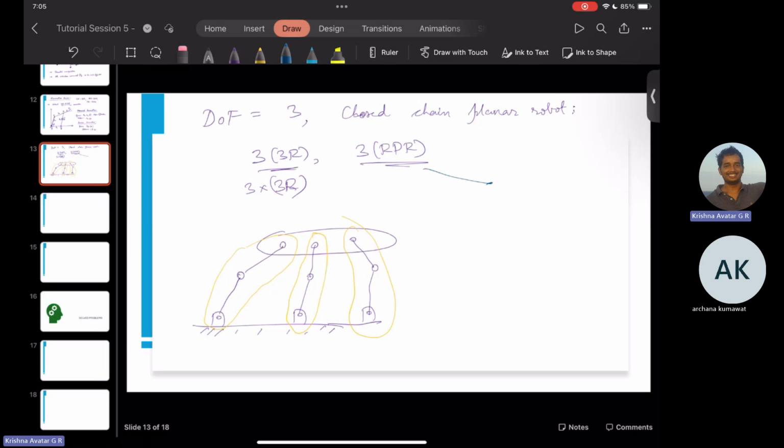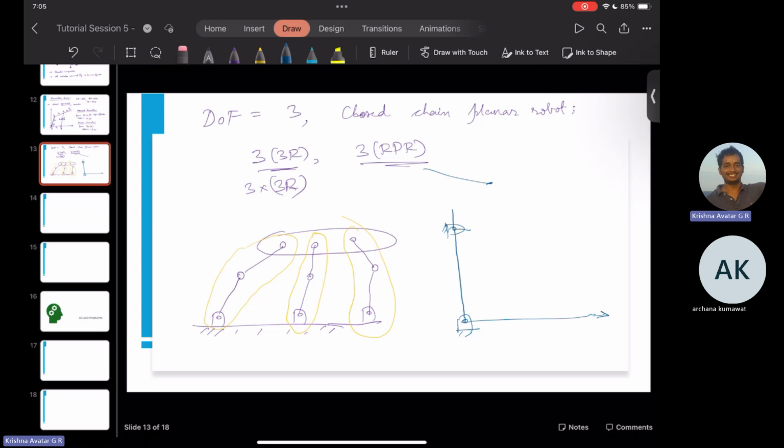Likewise, for 3 RPR, one such example talked about during the lecture was, of course, every kinematic chain will be of the form RPR.